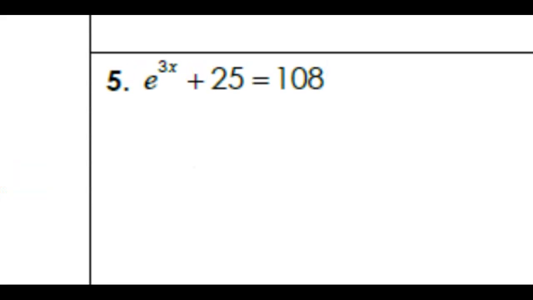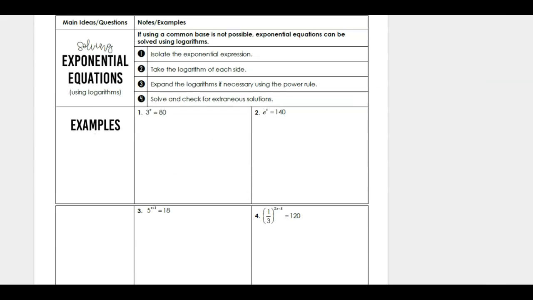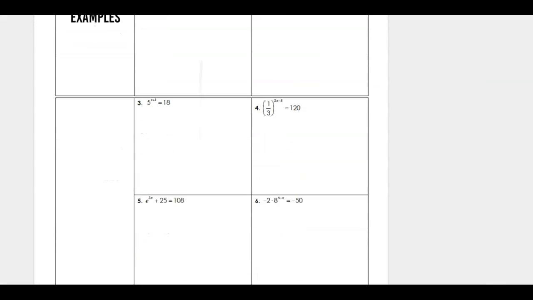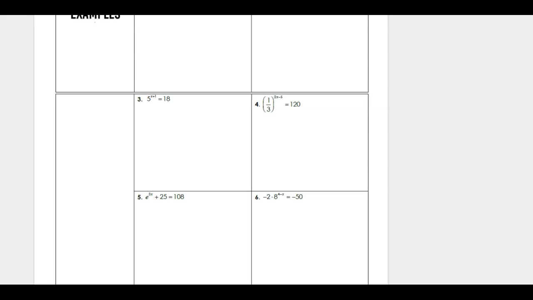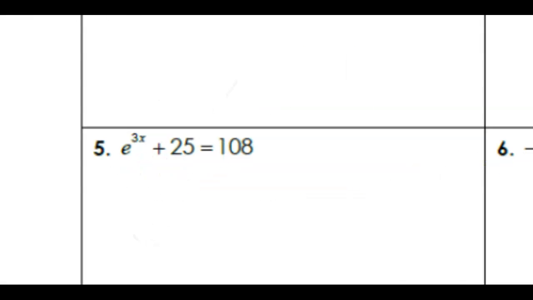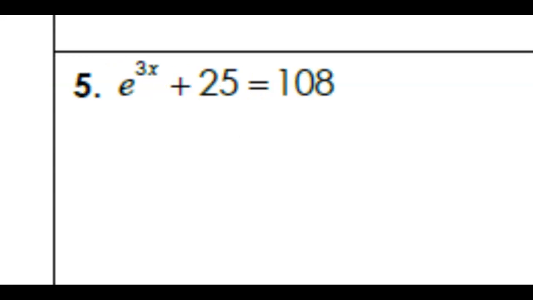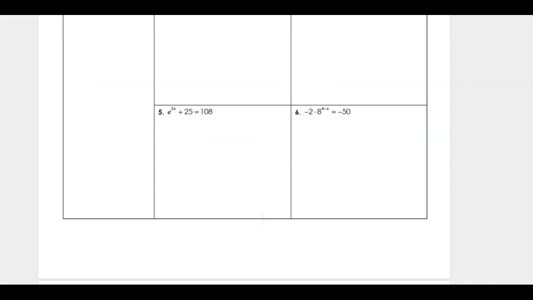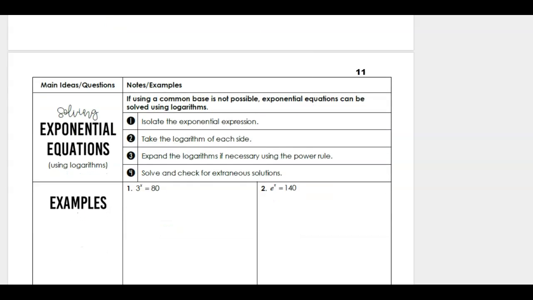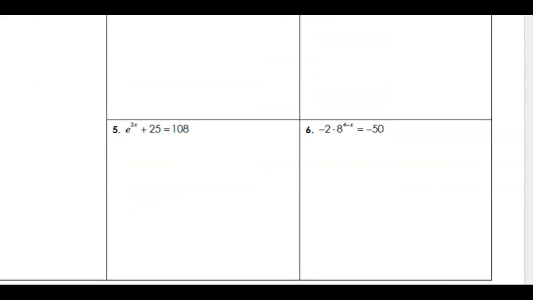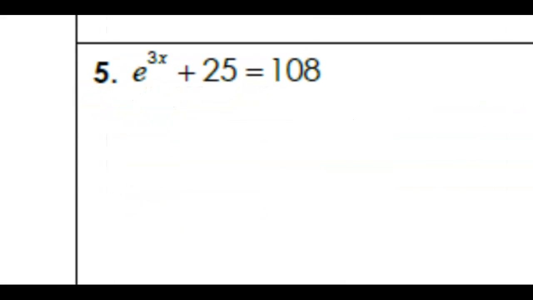Is this the 9 raised to 4y minus 26, etc.? That problem? e to the power of 3x plus 25 equals 108. That problem. It's number 5. I see it. Oh, you see it? e to the power of 3x plus 25? Yes. So what do you think we have to do first here?